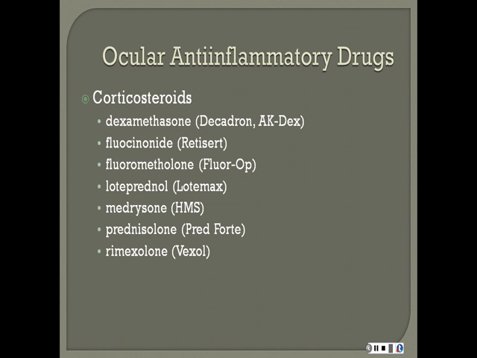So the corticosteroids include drugs like dexamethasone or Decadron, Retisert, Fluoropt, Lotemax, HMS, Predforte, and Vexol. Corticosteroids are used during the acute phase of the injury process to prevent fibrous scarring, which can result in visual impairment.